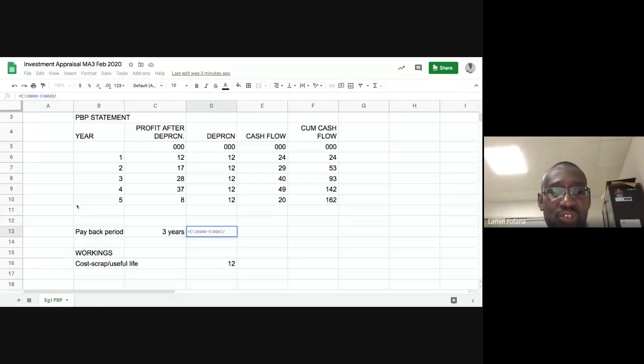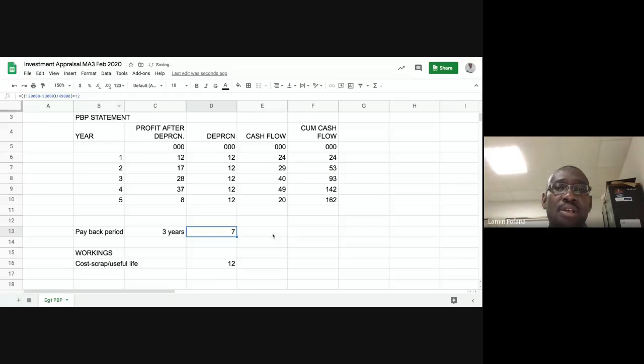It should be divided by 49,000. So we put another bracket so that we multiply all that by 12 to give us our months, which is 6.6. If we round it up, that gives us 7 months.